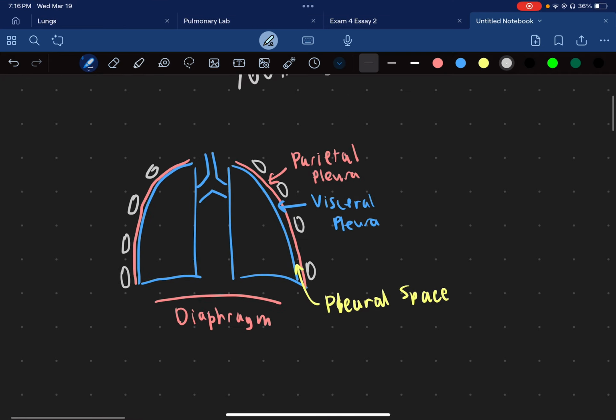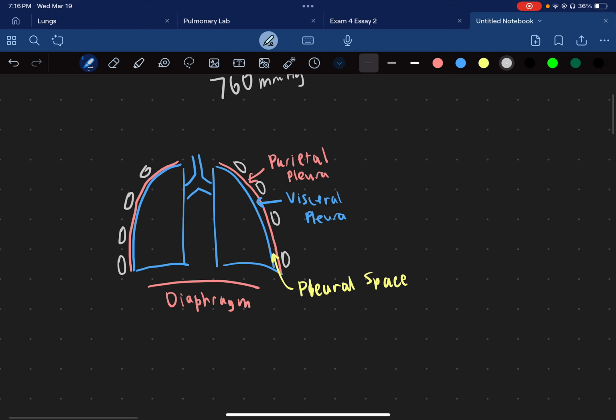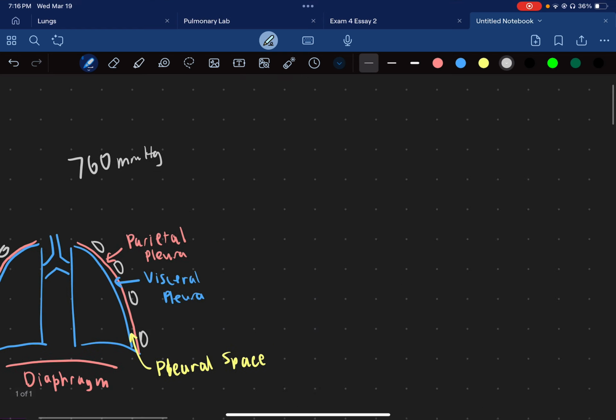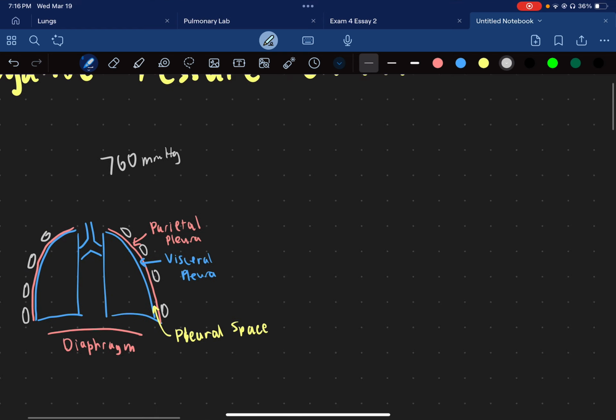And inside the lungs, depending on whether we are inhaling or exhaling, we'll have a different pressure compared to that 760, but it's going to hover around that. And that has something to do with something we call Boyle's law. It basically says increased volume equals decreased pressure, and decreased volume equals increased pressure.